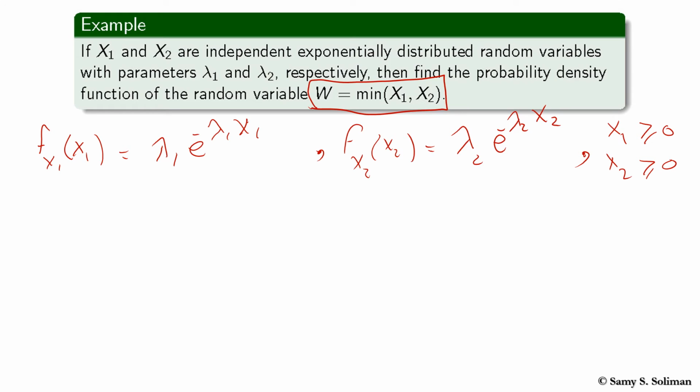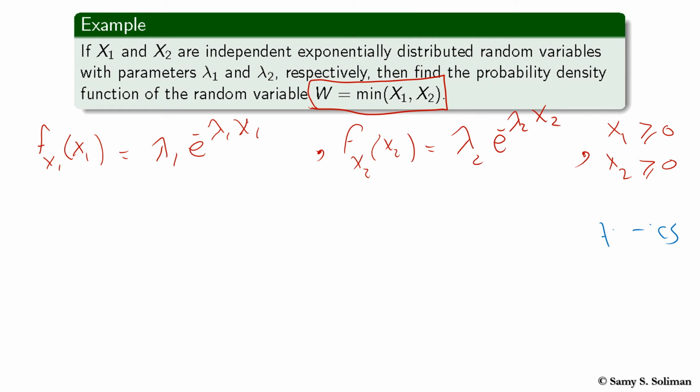The new random variable here is the minimum of two random variables. This is sometimes called order statistics, in which we might be interested in finding the probability density function of the minimum or the maximum of a set of random variables. So let's see how we can approach this type of problem.